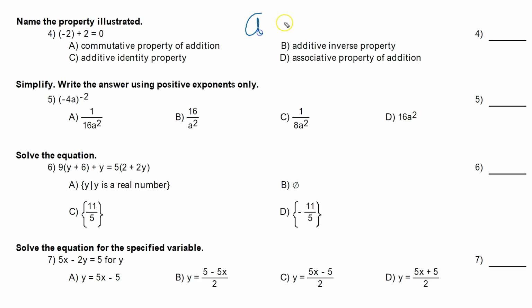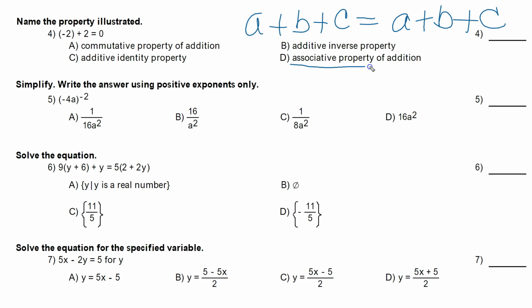Let's try to get A plus B plus C equals A plus B plus C. Now, as we look at these, they are identical. Now, the associative property comes in when we say we could put a parenthesis around those, add these two first, or we could put a parenthesis around these last two. The order is the same.